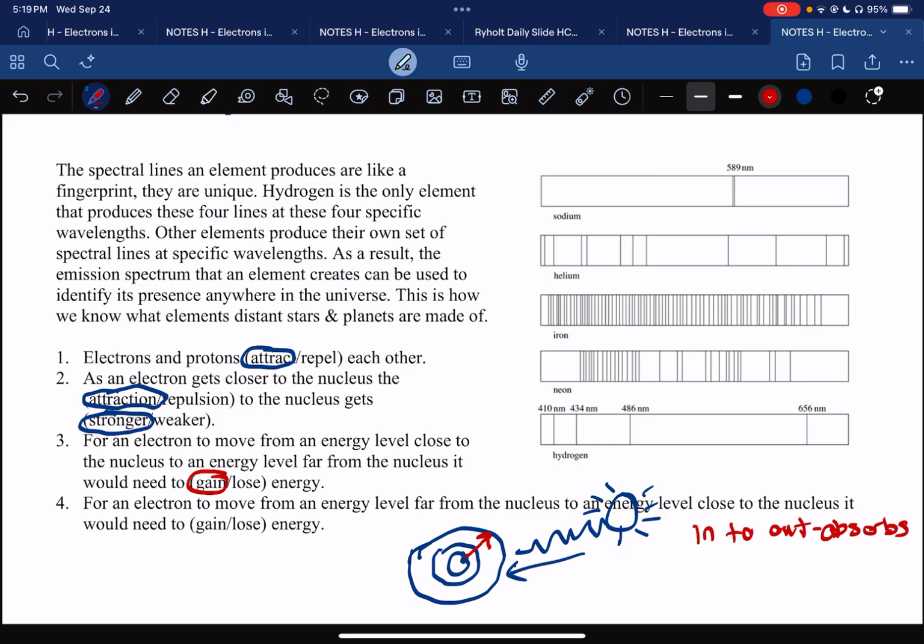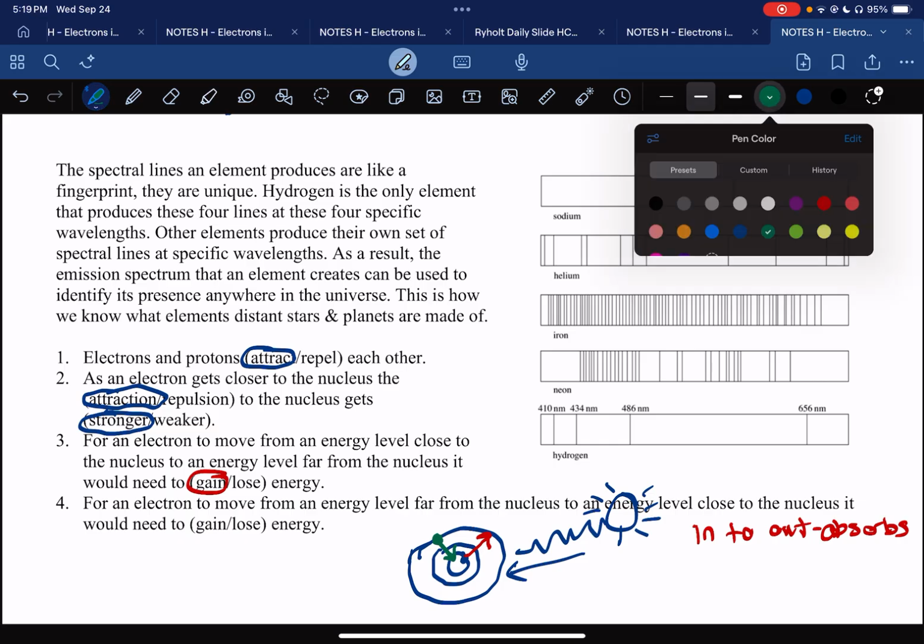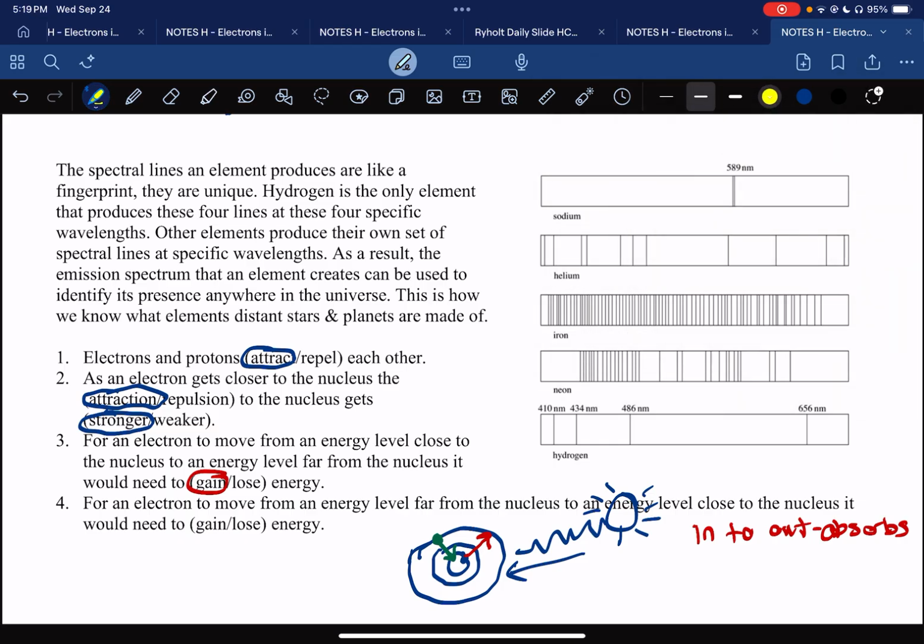All right, so it says, for an electron to move from an energy level far from the nucleus to an energy level that's close to the nucleus, will we gain or lose energy here? Now we're talking about starting out here and moving down to a lower energy level. When we do that, we're going to release some energy, because if we started with more energy than we ended with, that energy had to go somewhere.